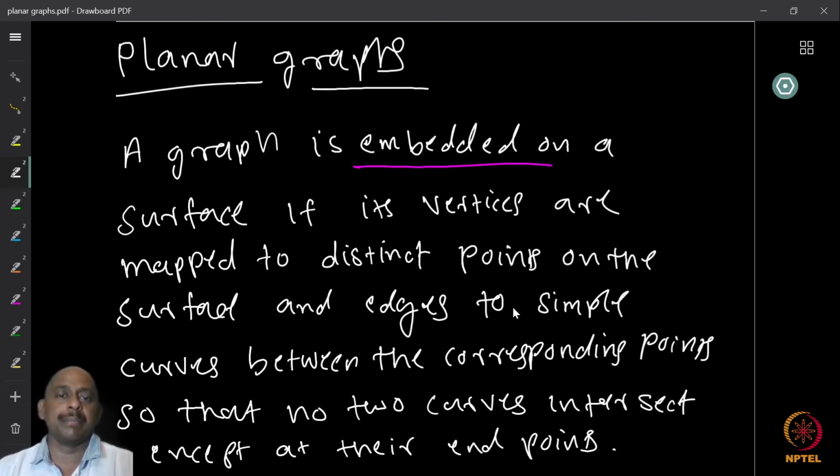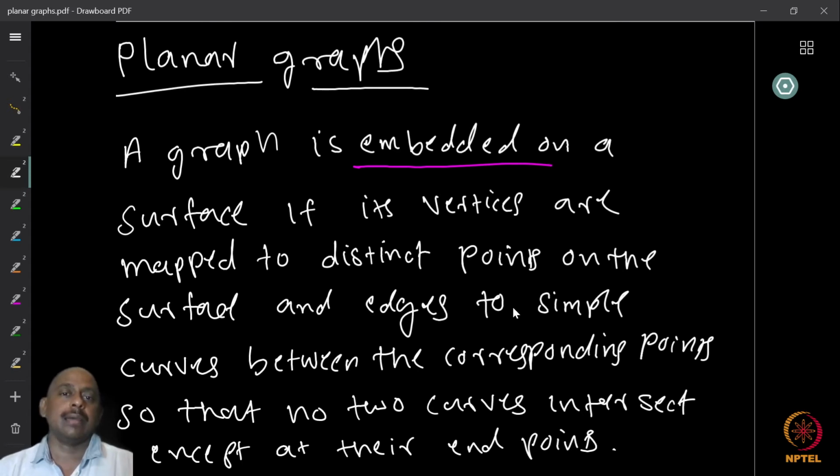When I say simple curve, these are actually more technical terms, which I don't want to go into the details. But for the time being, just take it for granted that a simple curve is a curve which does not intersect itself. So we take simple curves between the corresponding points, and we don't want any two curves to intersect except at the vertices where they have their endpoints.